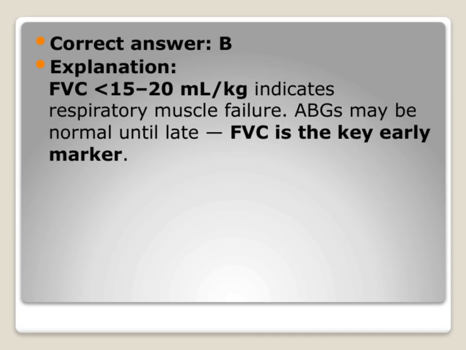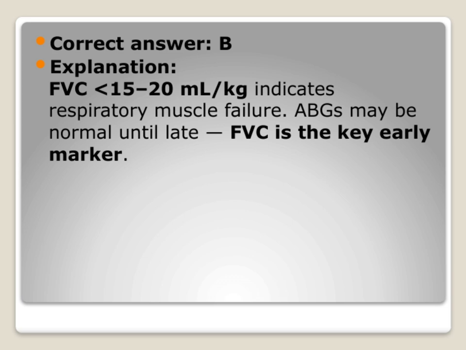Let's break down why. When we're looking at respiratory muscle failure, a key indicator is the forced vital capacity, or FVC. If the FVC drops below 15 to 20 milliliters per kilogram of body weight, that's a strong sign that the respiratory muscles are failing. It's important to note that arterial blood gases, or ABGs, might still appear normal until the very late stages of failure.